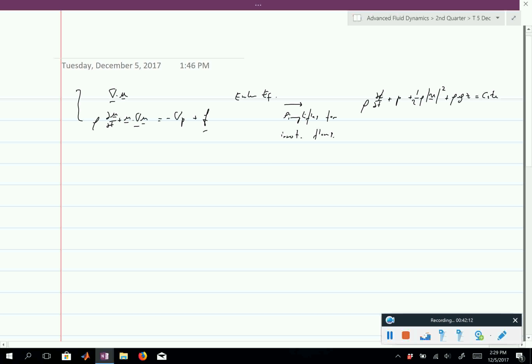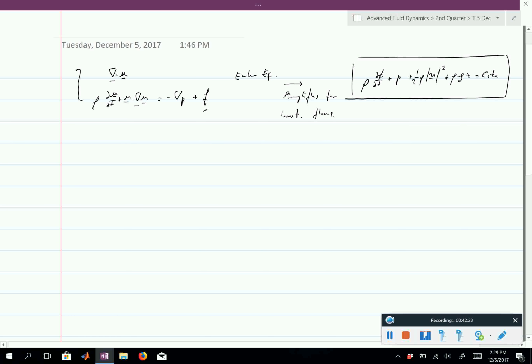Again, this constant does not depend on the streamline. For irrotational flow, this is a constant everywhere.